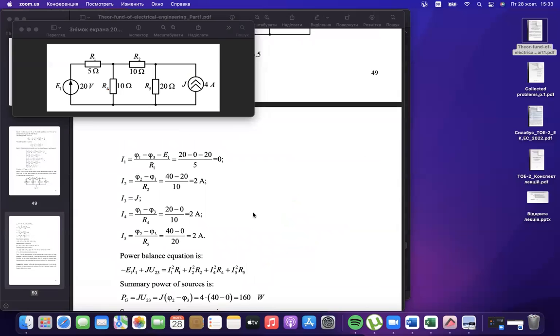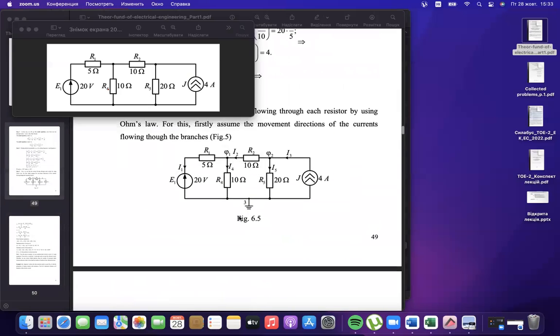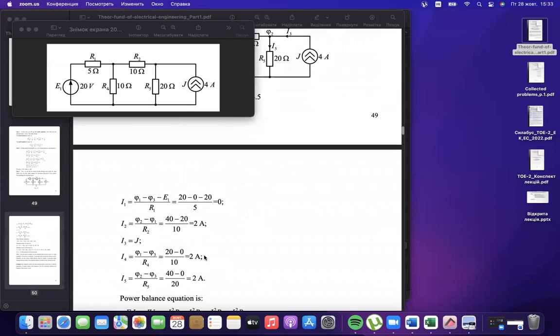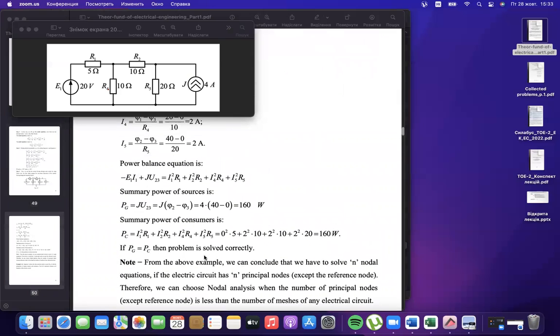Writing for current that I did here, and the same for powers. For the power balance equation, we have two sources that generate power. We take the electromotive force times the current, but the current direction was opposite.